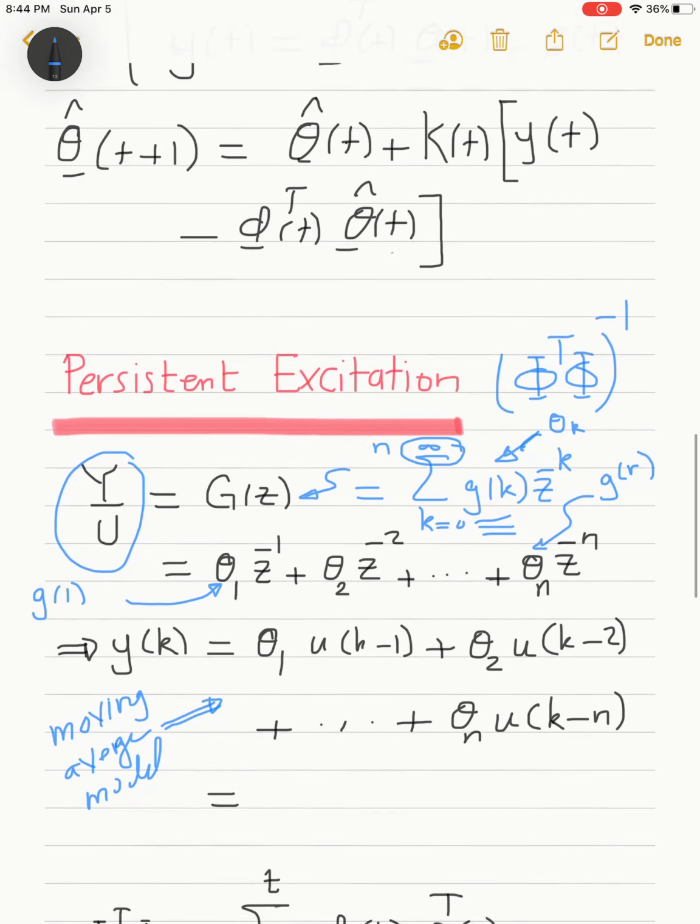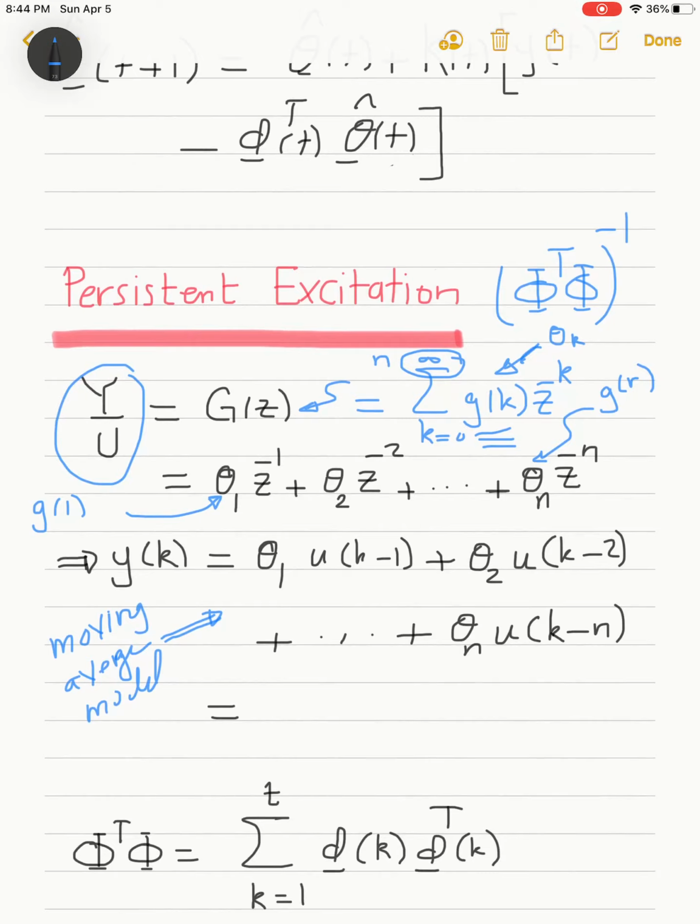And we can write the expression of y as phi transpose of k times theta as usual. So we ended up with a moving average model, and we will depend on that to study the conditions that will make phi transpose phi invertible.